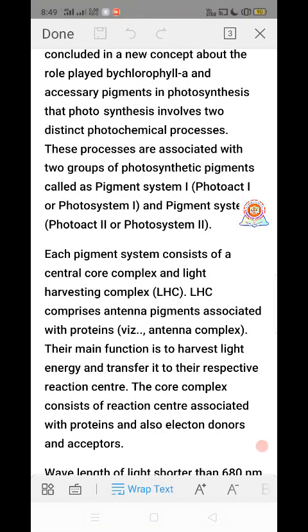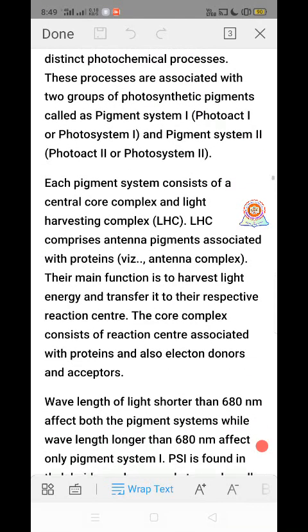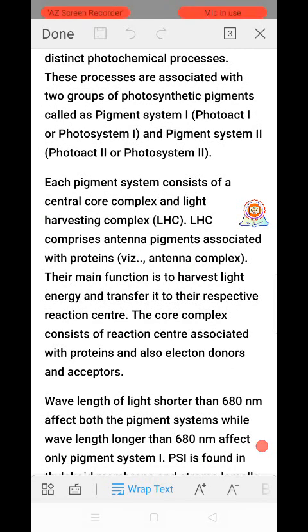Each pigment system consists of a central core complex and a light harvesting complex, that is LHC. The light harvesting complex comprises antenna pigments associated with proteins, that is the antenna complex. Their main function is to harvest light energy and transfer it to their respective reaction center.